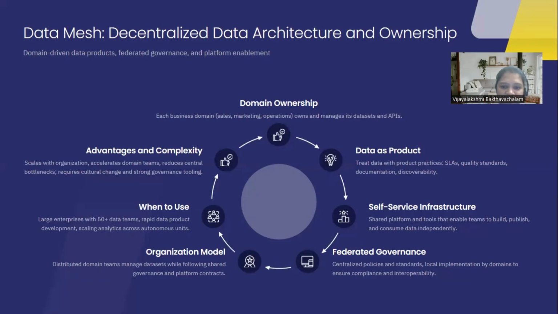Though there is ownership and independence provided, we have federated governance, standard policies, and rules that the team has to follow to ensure compliance. When do we use data mesh architecture? When we have 50 plus data teams and rapid data product developments.